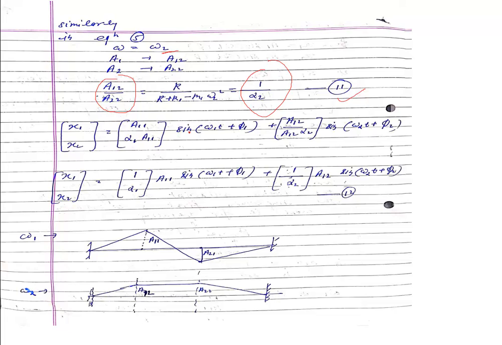So this equals a11 sine (omega 1 t plus phi 1) plus a12 multiplied by alpha 2 from equation number 11, sine (omega 2 t plus phi 2). The first is from equation number 10, and this is from equation number 11.